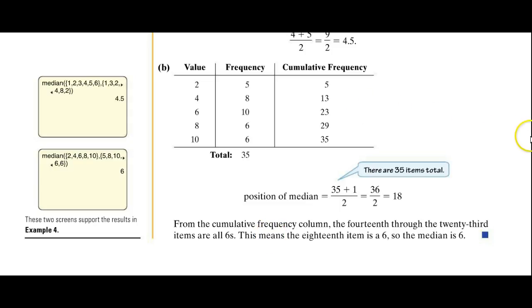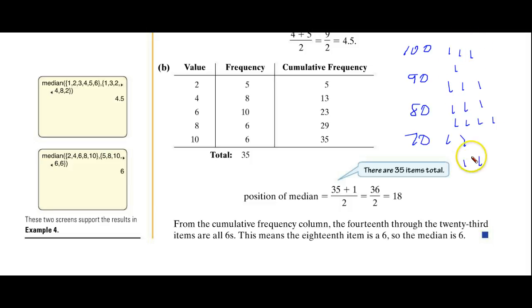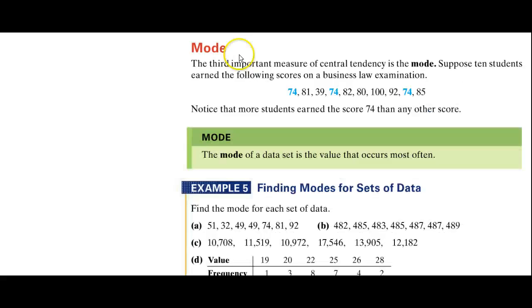Now, it might be of interest that when I do this as a teacher, I'll have the scores of a test as 100, 90, 80, 70, and I usually put ticks as to where the grades are, and then I just physically count, and I'll say, oh, this is the middle here, and that was an 80. So there are different ways to do it. This is the mathematical way of doing it.